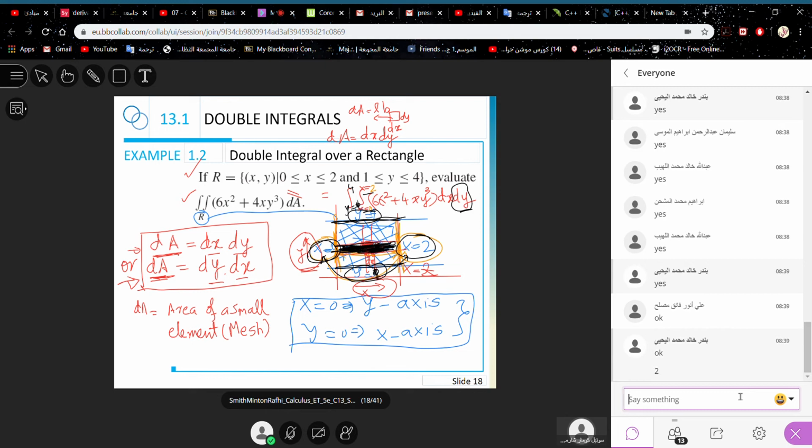So when your limits are constant, you can see these limits are constants, not moving. When limits are constant, not to worry about anything, just plug in the value, directly apply the limits without thinking anything else.